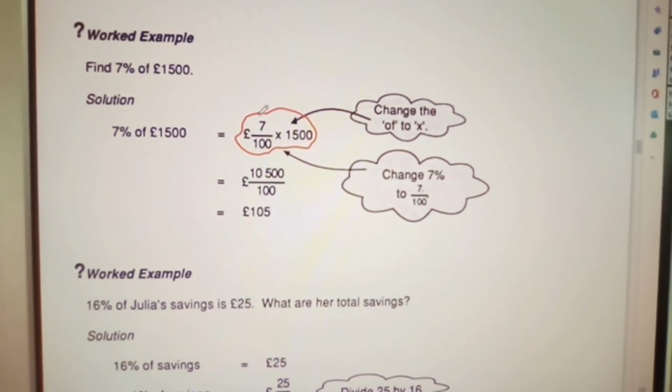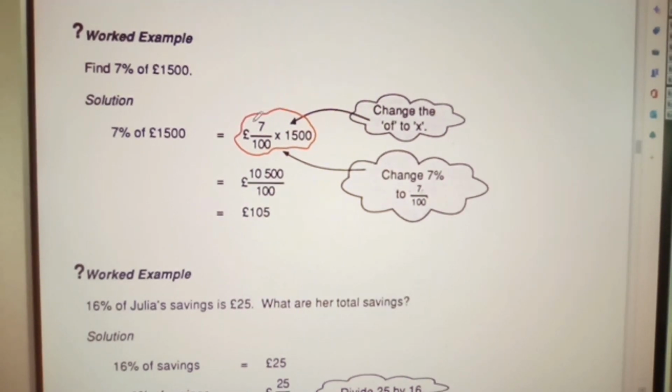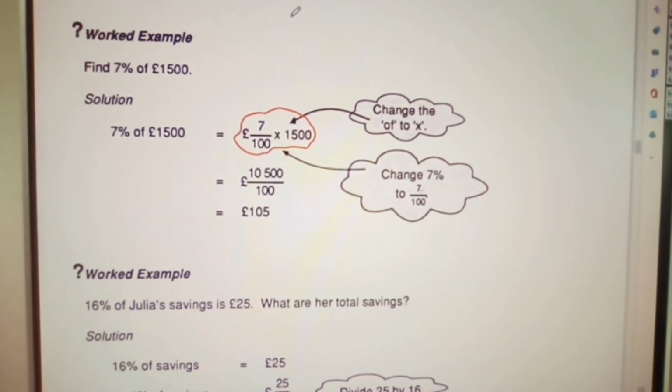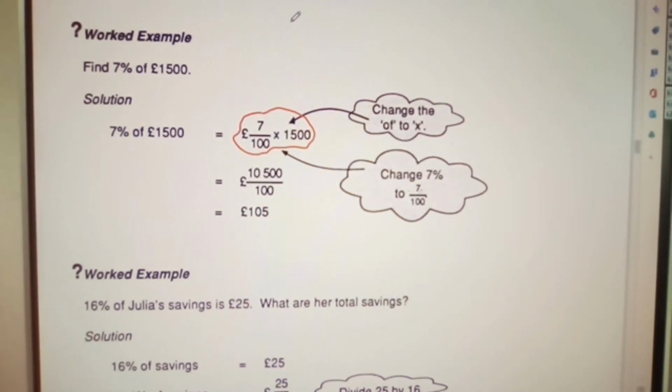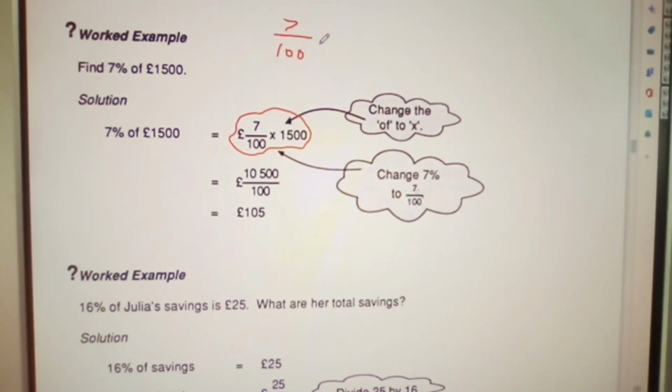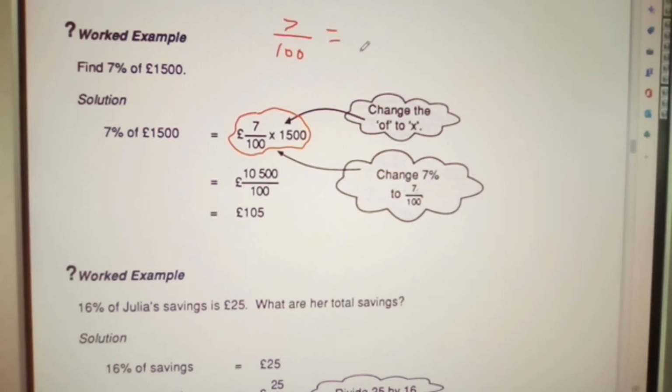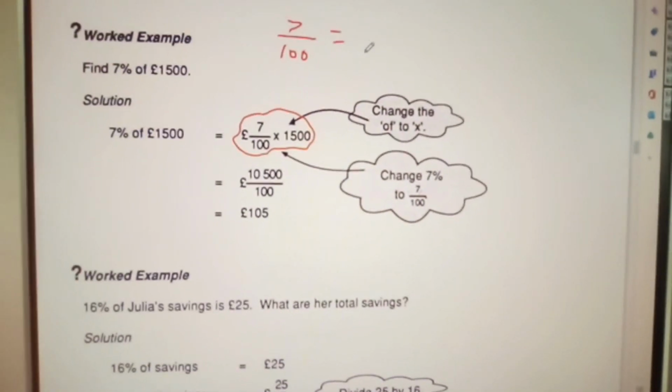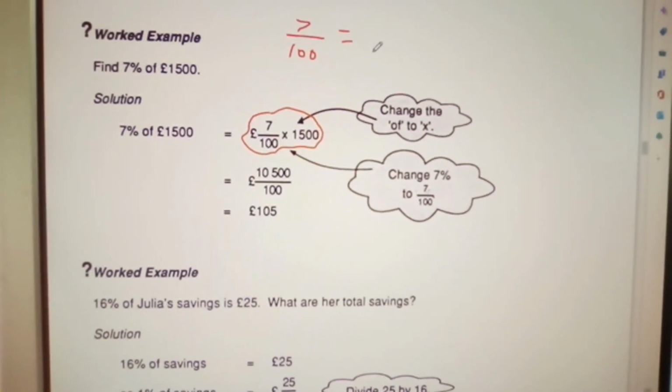So I'm going to take this 7 100ths, and we're going to put it up here, okay? I'm just going to use this as my workspace. 7 over 100. Now if I divide 7 by 100, it's equal to what? Go on, tell me, what is it equal to?